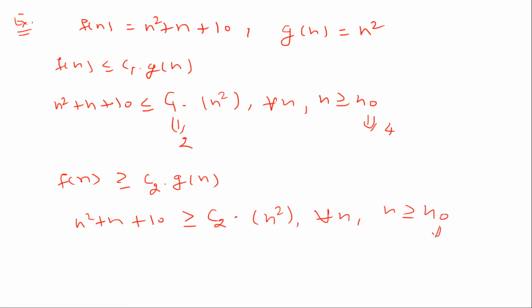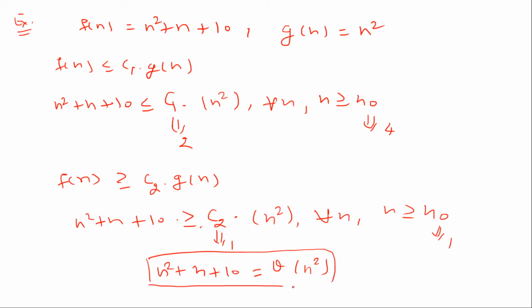Value of n naught 1 and value of c2 1. So it will also follow the condition. So we can say that n square plus n plus 10 is theta n square. So it follows the theta n square condition. C1 2, C2 1 and n naught 4.